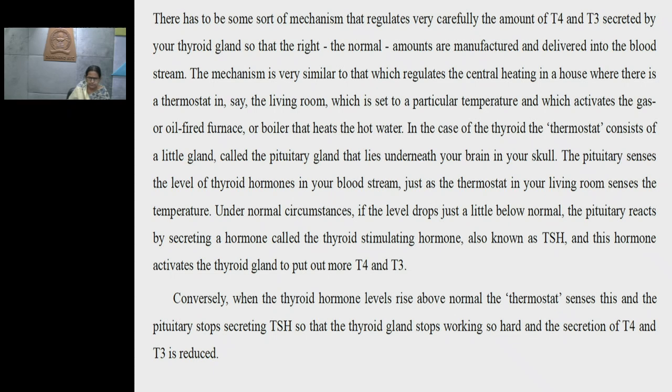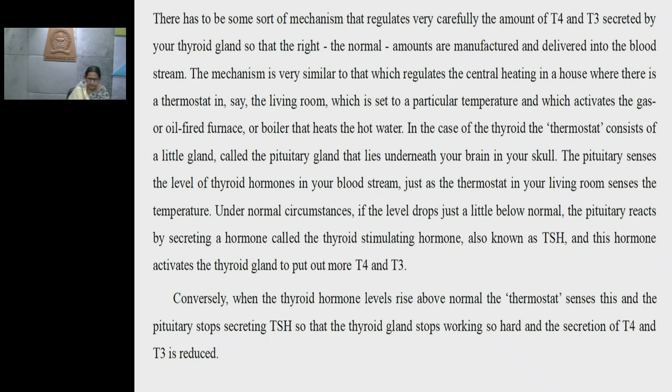Under normal circumstances, if the level drops a little below normal, the pituitary reacts by secreting a hormone called thyroid stimulating hormone, that is TSH, and this hormone stimulates the thyroid gland to put out more T3 and T4 hormones.